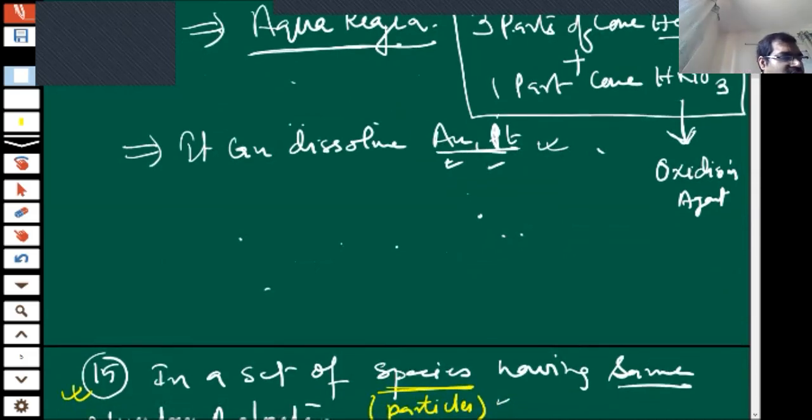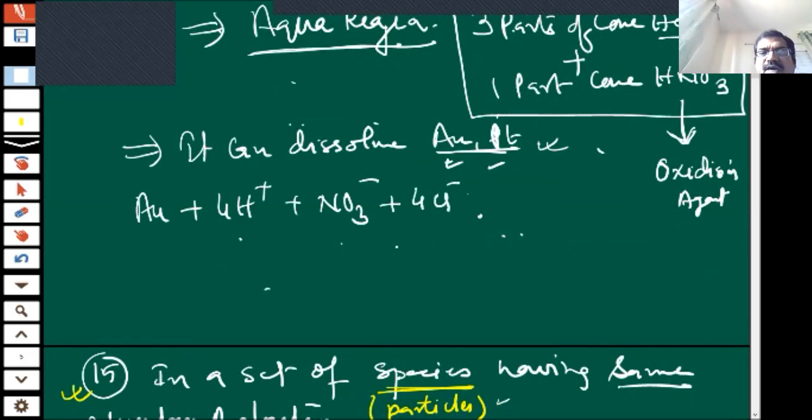So you can see the reactions. If Au is there, 4H plus, NO3 minus, this is coming from nitric acid, and 4Cl minus, this is coming from HCl. And what is happening?